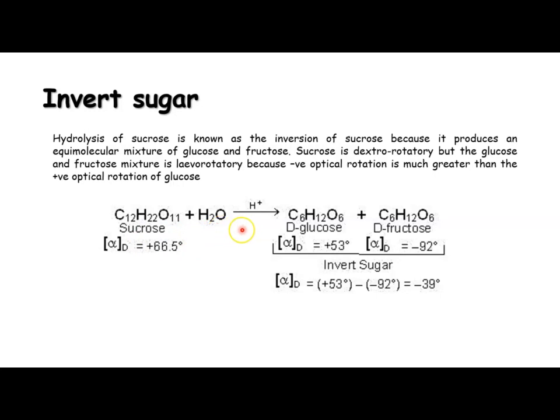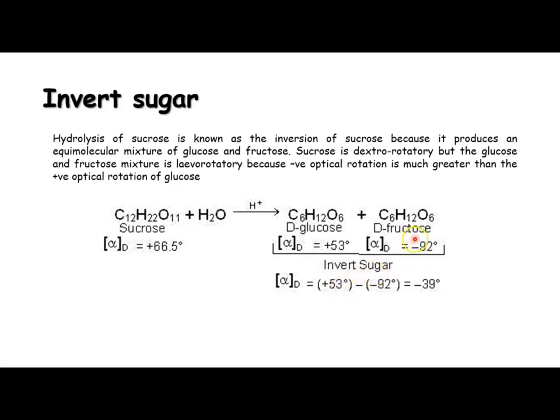But when we hydrolyze this sucrose into its contributing monosaccharides, that is D-glucose and D-fructose, the individual property of glucose is that it is dextrorotatory, and fructose is levorotatory. That's why it is given as negative. That means it will rotate the plane polarized light in the left direction.